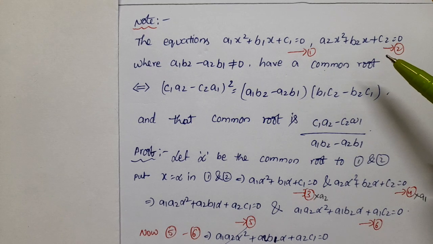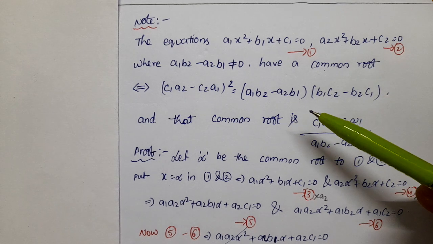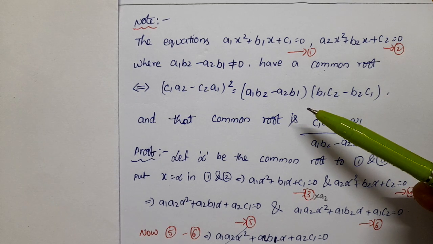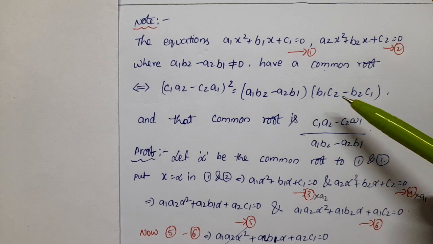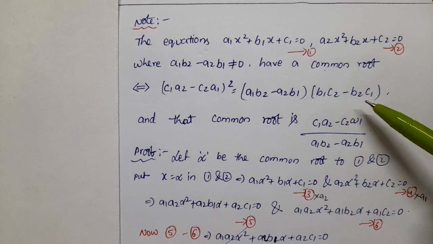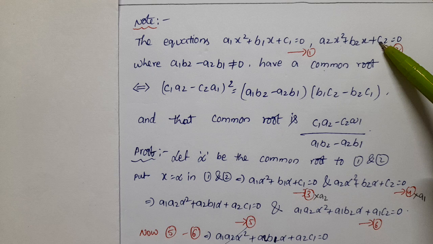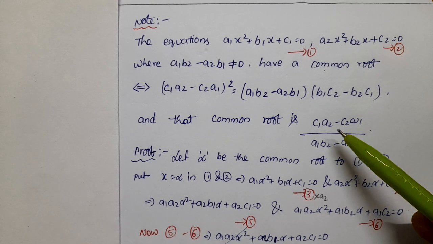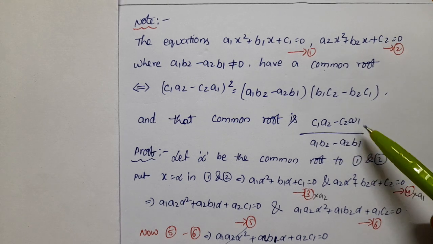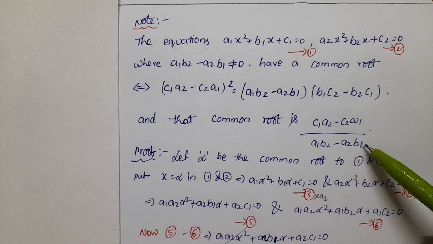Then the condition for a common root is (c1 a2 minus c2 a1) whole square equal to (a1 b2 minus a2 b1) into (b1 c2 minus b2 c1), and the common root of these two quadratic equations is c1 a2 minus c2 a1 by a1 b2 minus a2 b1.